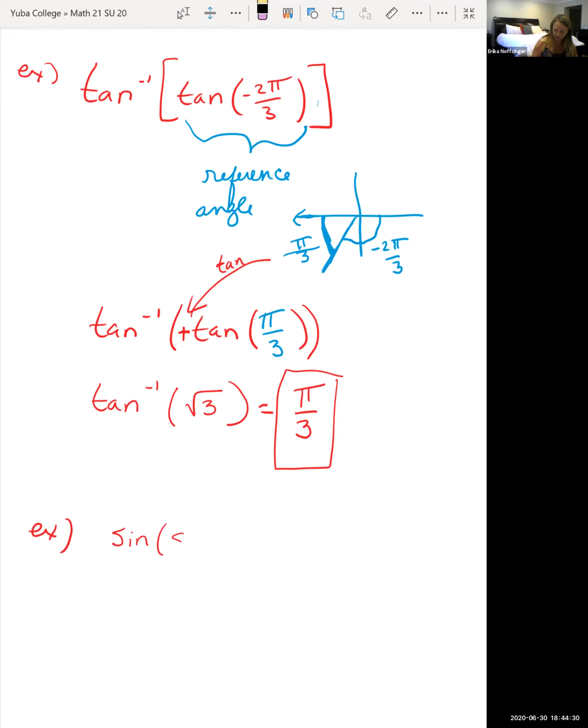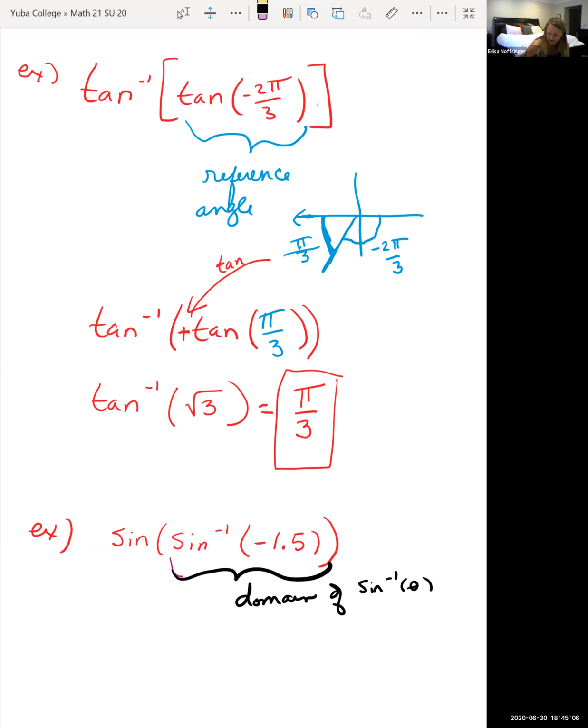So sine inverse of negative 1.5. Sine inverse. The domain of sine inverse of theta is between -1 and 1.